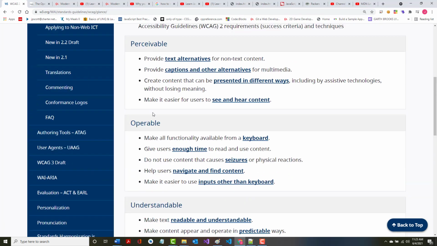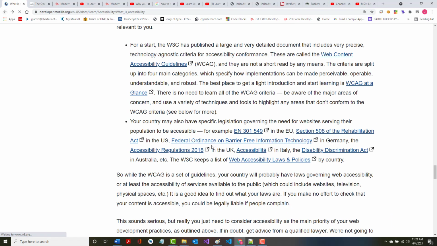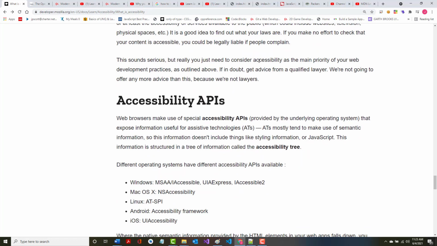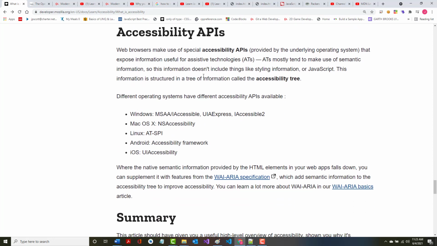So it's not real long, but it'll push you off into other directions that you can go to. Your country may have specific legislation. And you have to meld those two and make sure that they work together. It says you need to consider accessibility as a main priority of your web development practices. As long as you do that, you should be okay.